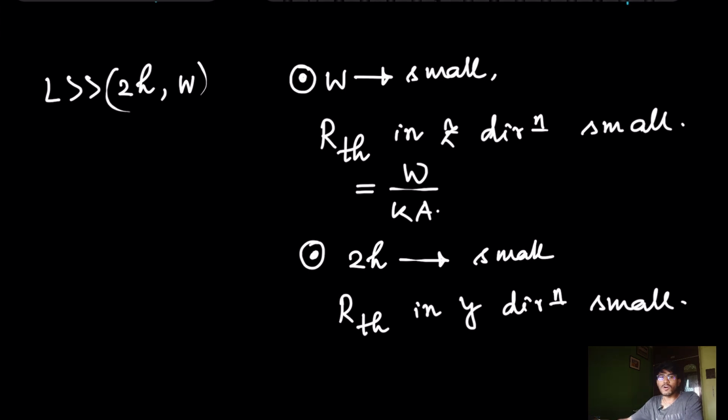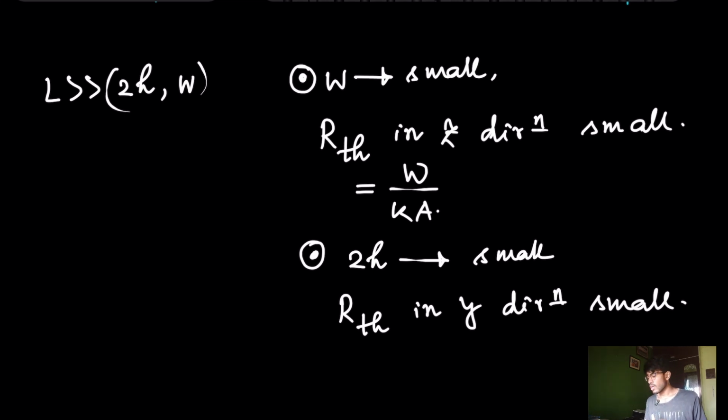For the flow of heat we need some temperature drop, which is caused by the thermal resistance. So if the thermal resistance is very high, then for the same flow of heat you need a higher temperature drop, and if the thermal resistance is very small, then for the same flow of heat you need a smaller temperature drop.